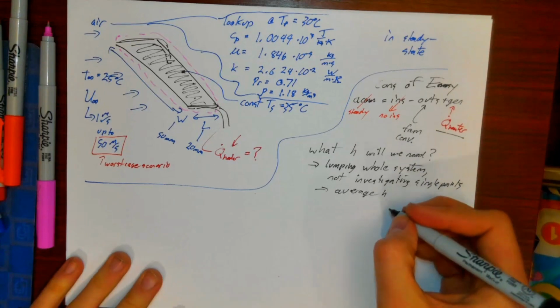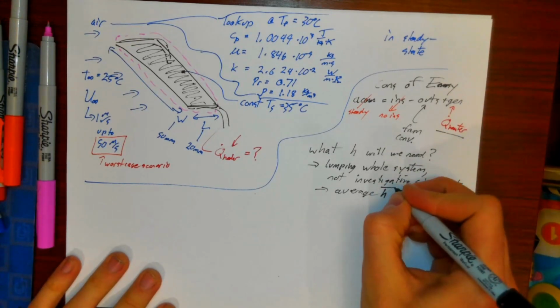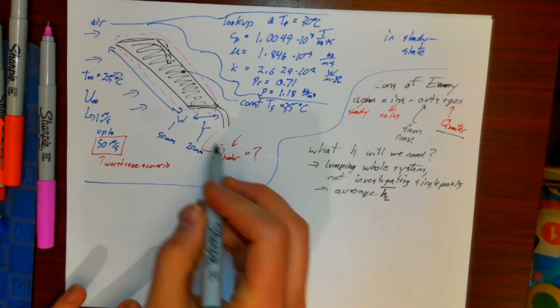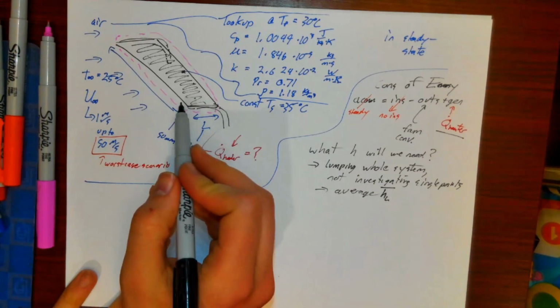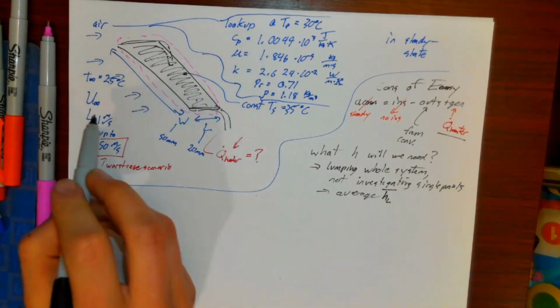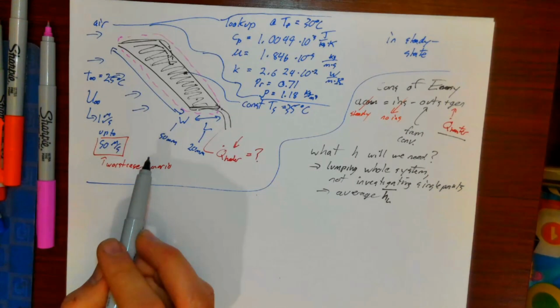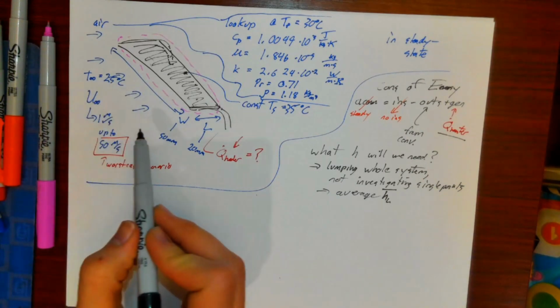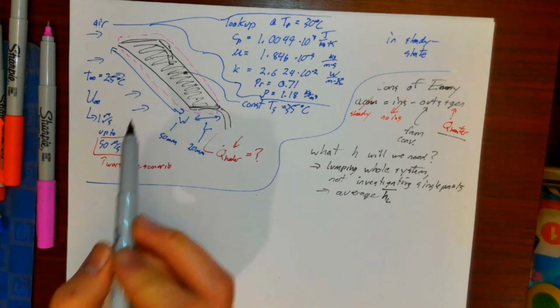So in this case, we're using the average h, which is h bar sub L. We're asking what is the average heat transfer coefficient over this whole thing? And that'll allow us to relate the surface temperature, T infinity, and this whole heat flow flowing out.